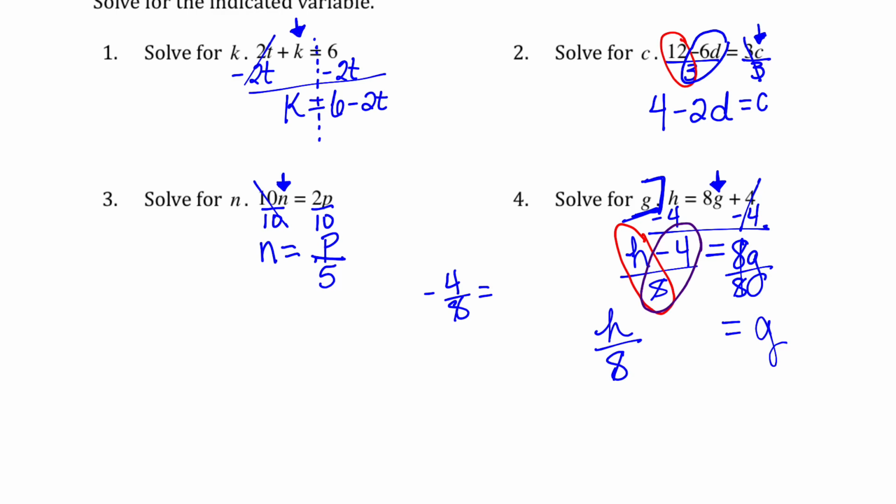What can I simplify it to? 1/2. We keep our negative sign because we have 1 negative sign. Negative 1/2 because 4 goes into 4 1 time, and 4 goes into 8 2 times. Negative 1/2. All right, let's go to the next page.